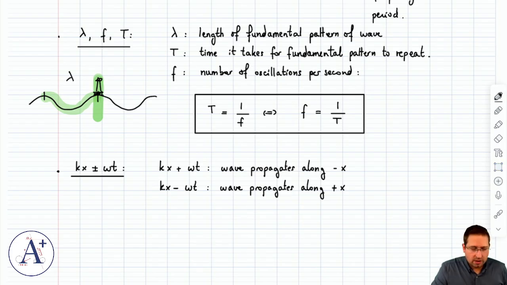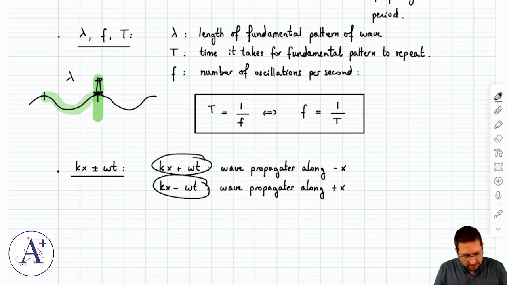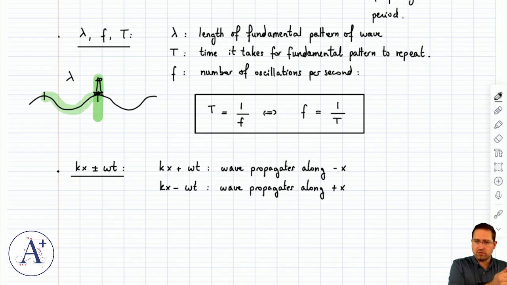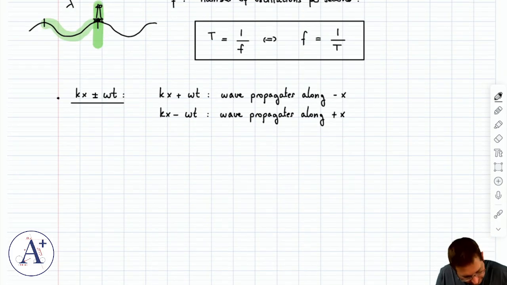Hand-waving explanation of that is if you plot all this versus this, in one case it looks like the wave goes to the left, the other one it looks like it goes to the right. That would be a mathematical explanation. There's a better explanation than that when it comes to how x is related to t within this expression. But we're not going to worry about that. I mean, that's a little too far. The point is you can just memorize this. Weirdly enough, if it's kx plus omega t, you go along minus x. If it's kx minus omega t, you go along plus x.